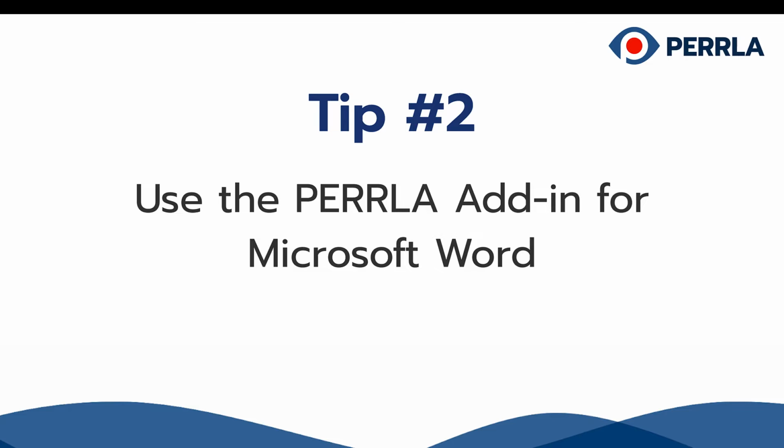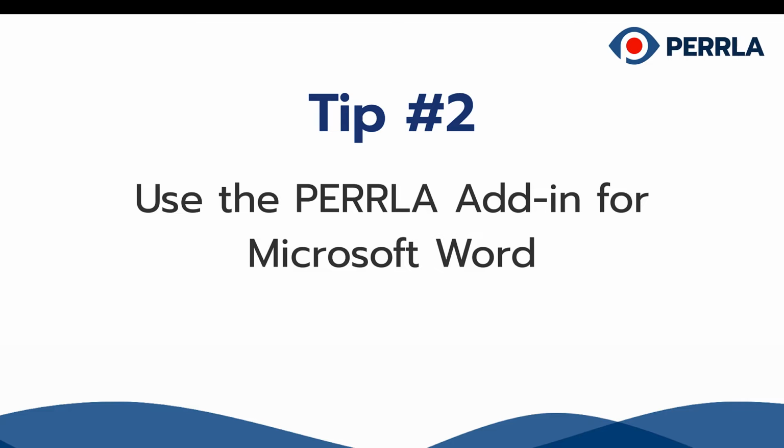Now, if you're writing your paper with PERRLA Online and you don't want to use the add-in, that's all right. Write your paper inside of PERRLA Online. Then make sure that you take it out into some type of word processing software. That could be Microsoft Word, it could be Google Docs, it could be Apple Pages, it could be OpenOffice, which is the freeware version of Microsoft Word.